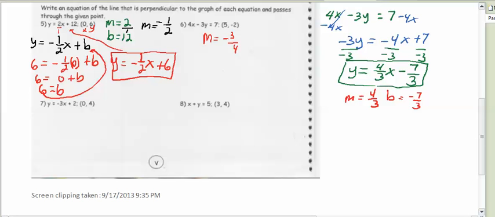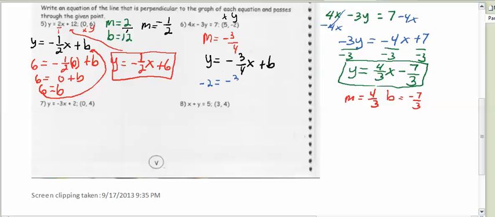Okay, so now we're going to take this information and put our new slope as negative 3 over 4 x plus b. They gave us our x and our y. So now our y is negative 2.